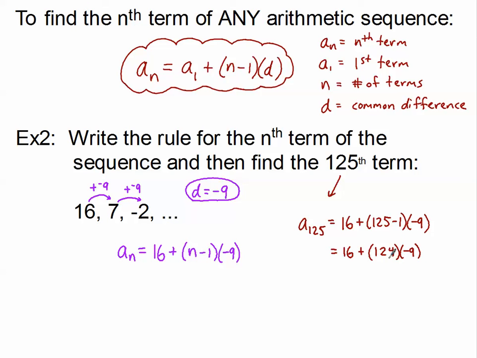Then we can multiply these numbers together and then add 16. And ultimately, our 125th term, or a sub 125, will be negative 1100. So we wrote the rule to find any term. We just needed to know what n is, and then we used it to find when n is 125, what's that 125th term.